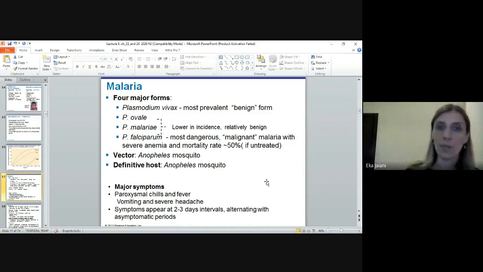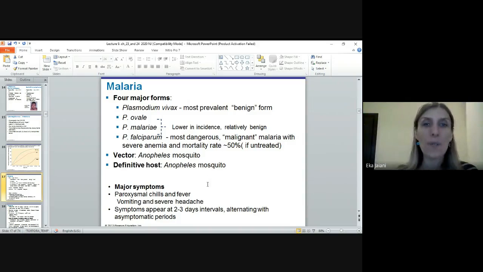Then after 2 to 3 days, the fever goes up again. With falciparum, it's almost continuous fever. And what do these chills and fever depend on? The Plasmodium parasite infects the erythrocytes at the same time, then the erythrocytes rupture at the same time, and it's a shock. So it leads to fever and these symptoms.